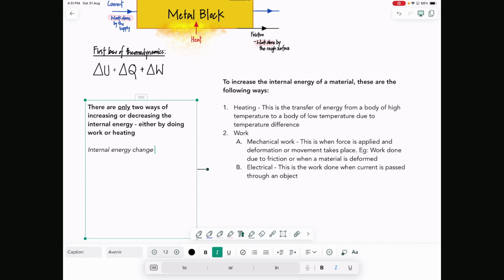Okay. So internal energy change is due to changes, directly proportional.